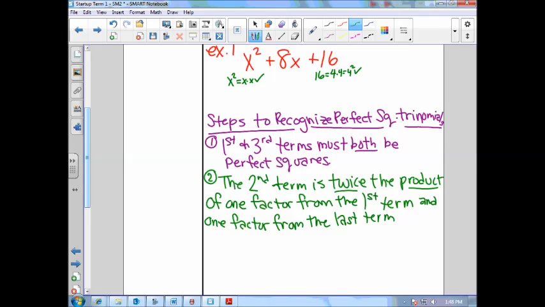I'll read it again and move out of the way for those on this side of the room. Okay, so the second term is twice the product of one factor from the first term and one factor from the last term. Okay, so we have to find the products, or excuse me, the factors.